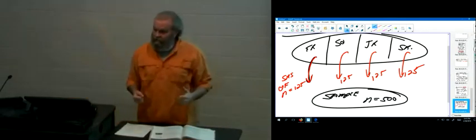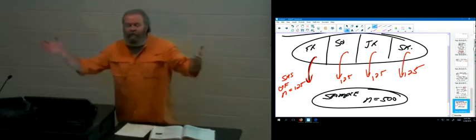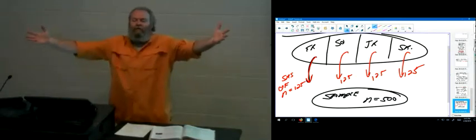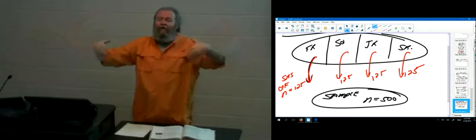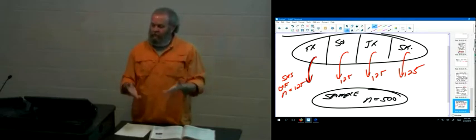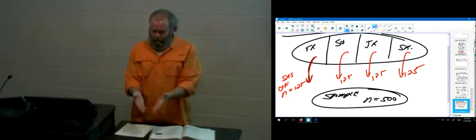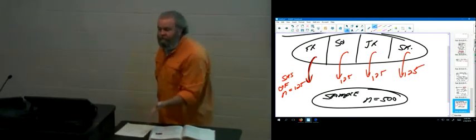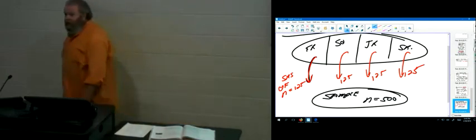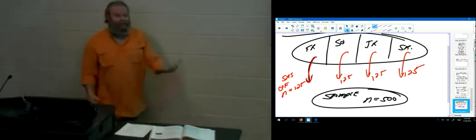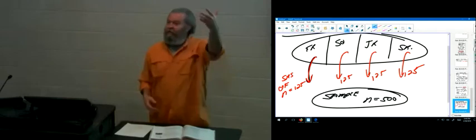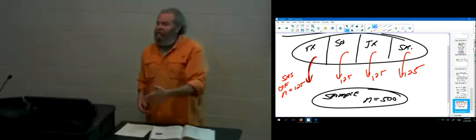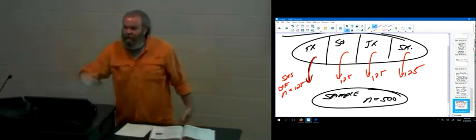All right, what about registered voters across the state? Instead of me using counties, what about if I divided registered voters up by urban, suburbs, and the rural? And then I choose a simple random sample from the urban, a simple random sample from the suburbs, and a simple random sample from the rural.